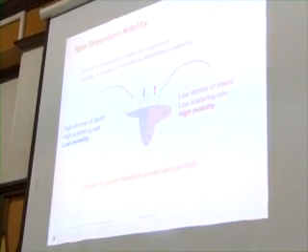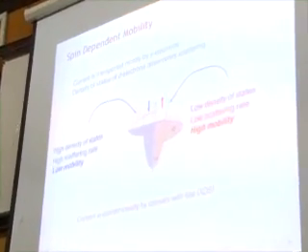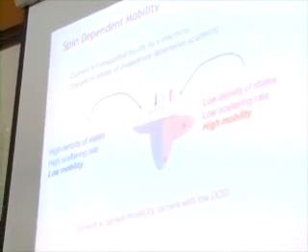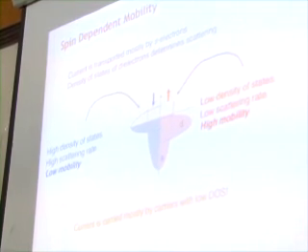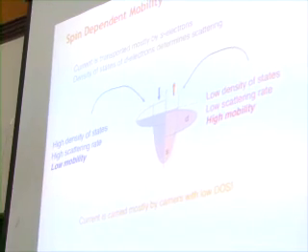And how well the electrons can move depends on how many states there are. If there are many states, they scatter a lot and the mobility is low. If there are not so many states, they don't scatter that much and the mobility is very high.